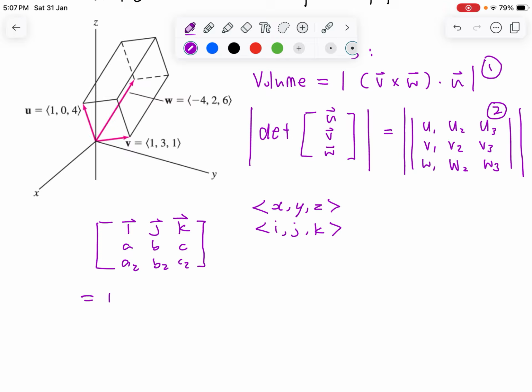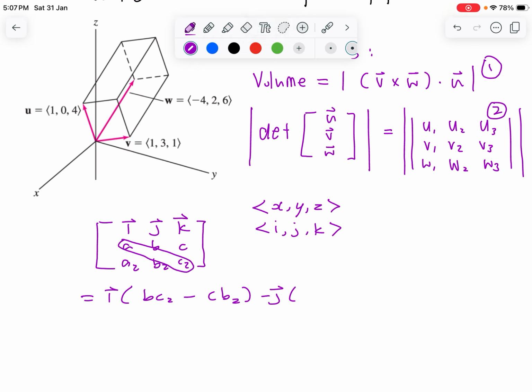To find the cross product, for I, we basically match these four together. So we do this times this minus this times this. So b times c2 minus c times b2, minus j times, now it's these ones.